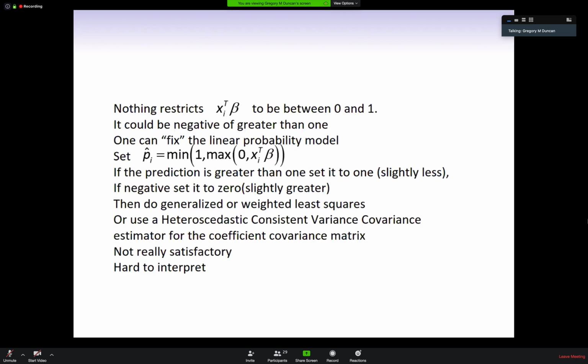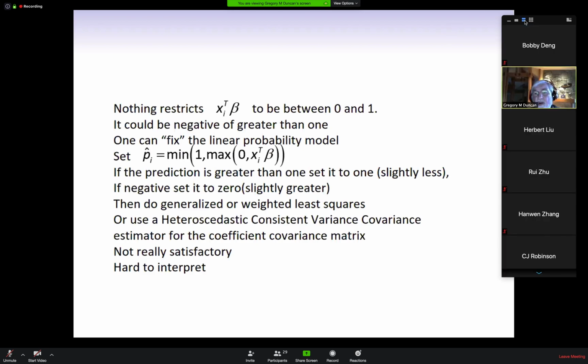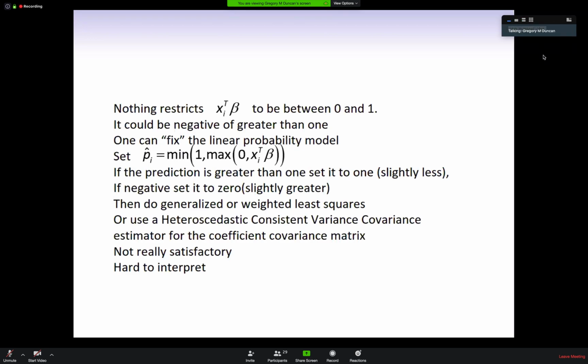And with 0 variances, you can't divide through by 0 to do the weighted least squares. Or you use a heteroscedastic consistent covariance matrix for the coefficient matrix. None of this is really satisfactory, and it makes it really hard to interpret if you are changing x, and it would send you above 1, or you're changing x and it's sending you below 0.